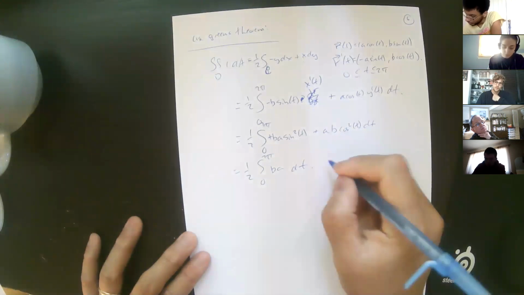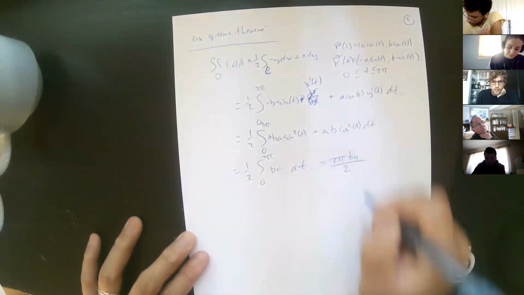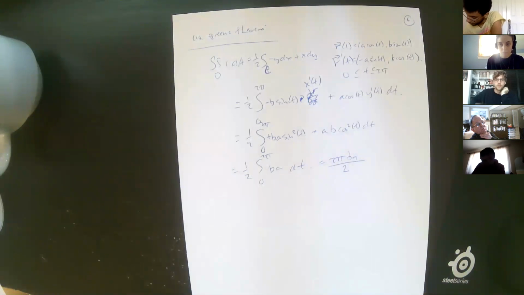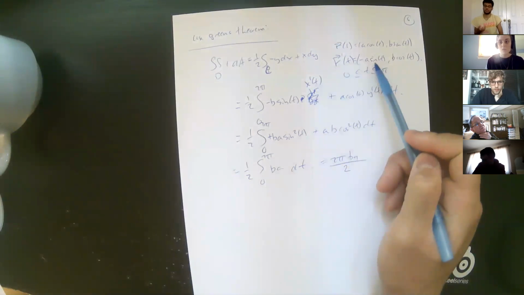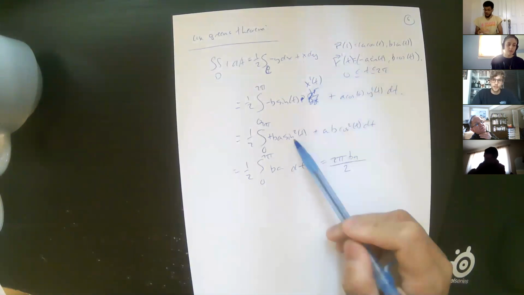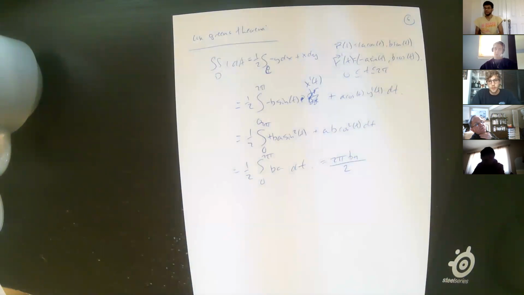So that's just 2 pi ba over 2. Could you explain what happened to the x prime of t and the y prime of t? x prime of t is minus a sine t, right? Oh, I see. So this has a squared on it because I multiplied them together. And that's where the squared comes from, and that's where y prime of t also went. Gotcha. Okay.